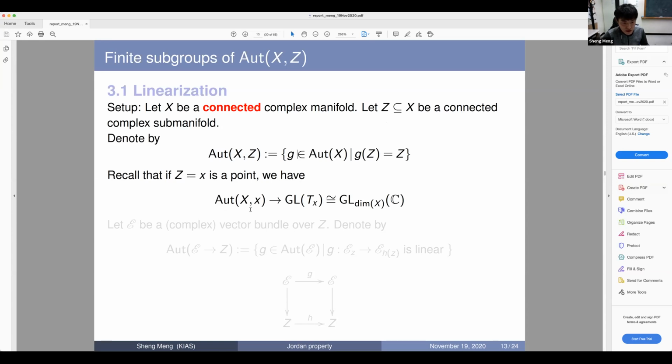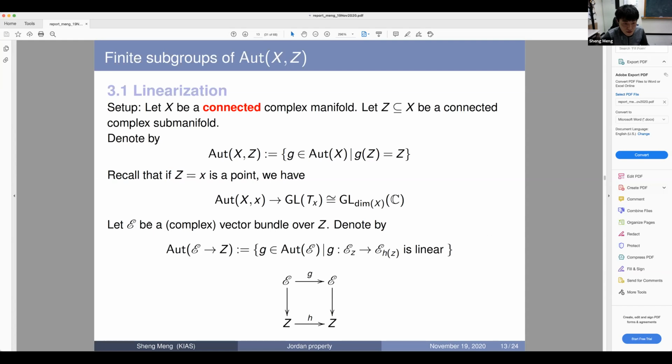Okay, we also need to consider the following automorphism subgroups. First, let E be a vector bundle over Z and denote by Aut(E,Z) the bundle automorphisms, meaning the automorphisms of E which can be descended to an automorphism of Z, so it maps fibers to fibers, and moreover, it maps each fiber linearly to a fiber.